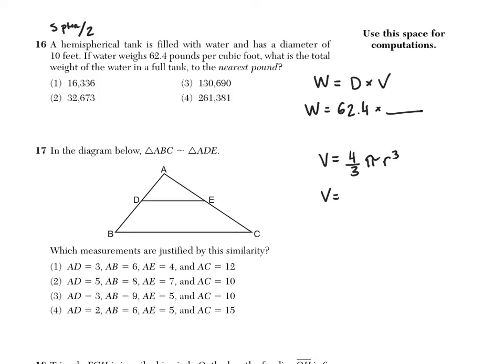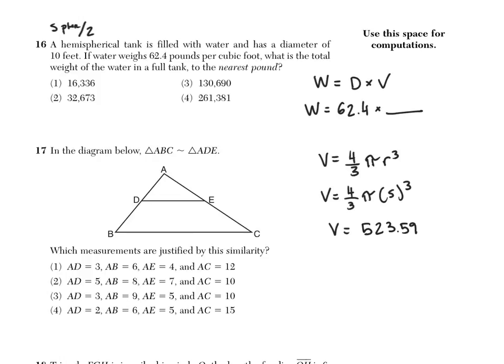We know that our radius is equal to 5, which is half the diameter, and we're just going to put that into our calculator. When we do that, we get 523.59, and it just keeps going on from there. And we just put that in for our volume.